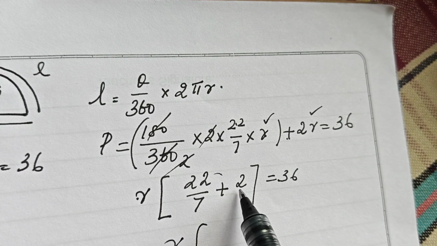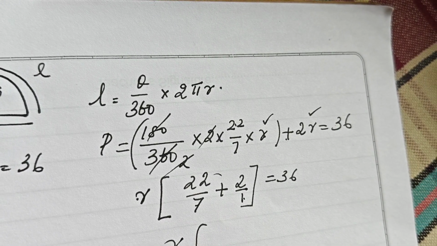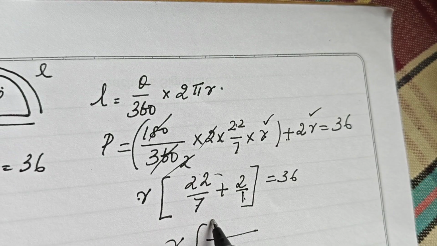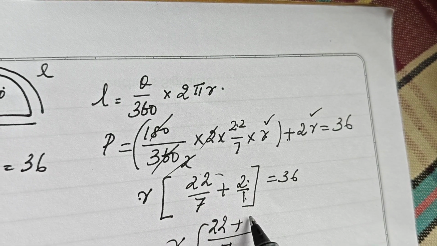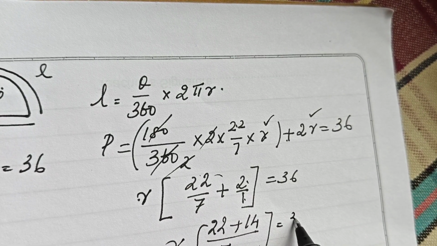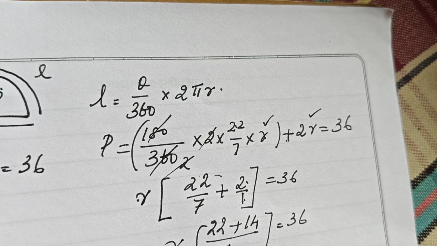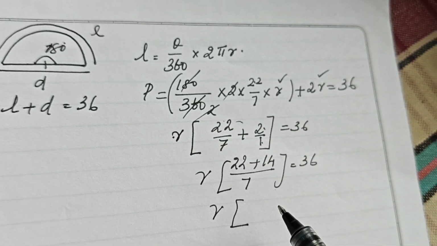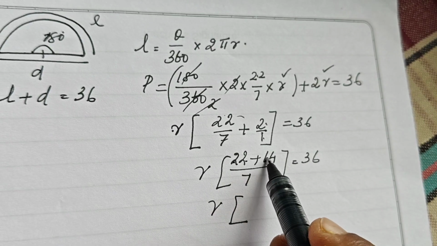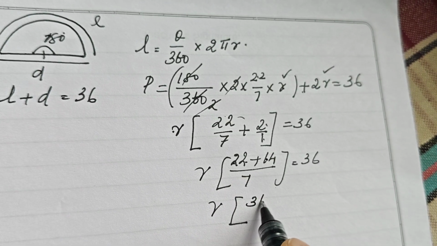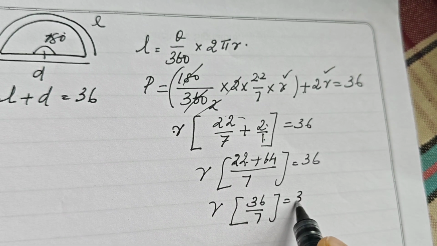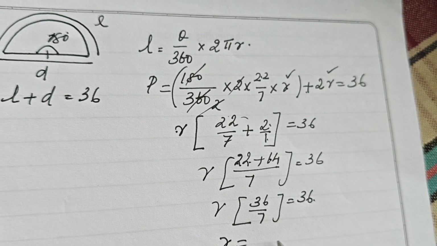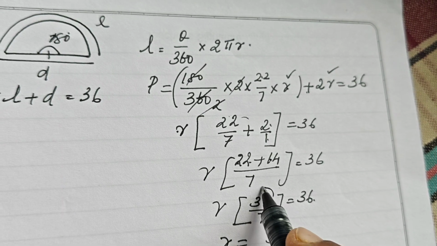So, R into, simplify this by taking LCM: 1 into 7, 7; 1 into 22, 22; plus 7 2s are 14, equal to 36. So, R into 22 plus 14, 36 by 7 equal to 36. So, R equal to, right side 36 is there.